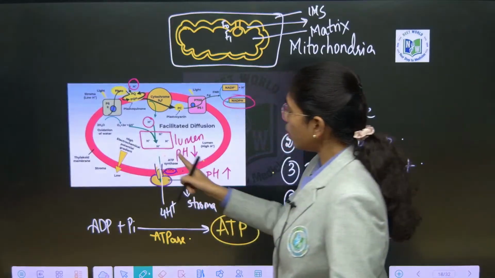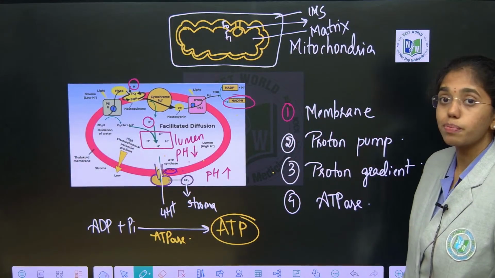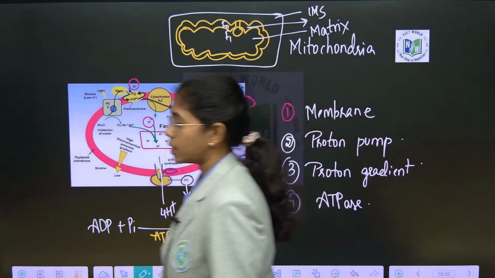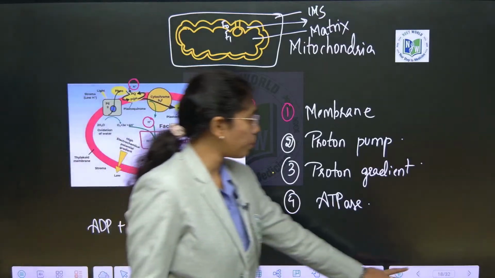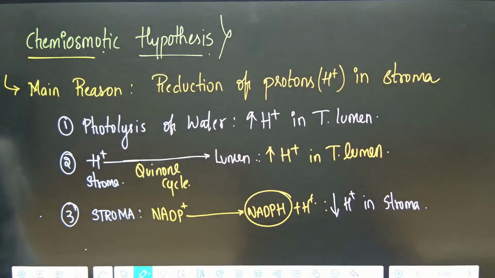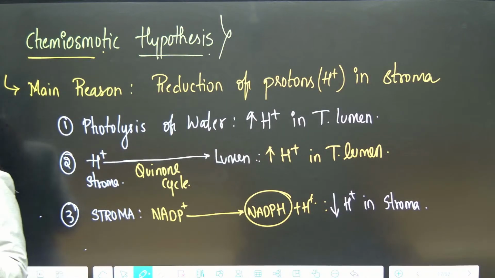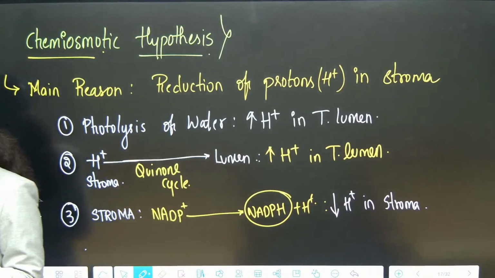Here it is from lumen to the stroma. Stroma is also called as matrix of the chloroplast. Clear till here? Any doubt anywhere about chemiosmotic hypothesis and non-cyclic photophosphorylation? I hope everybody is clear with how NADPH and ATP are formed.